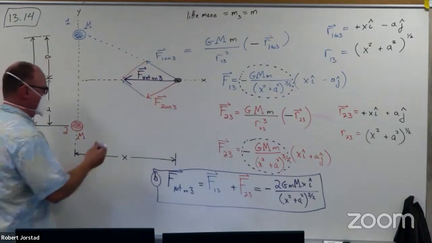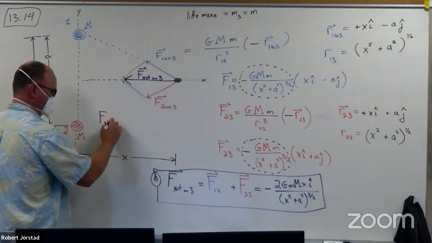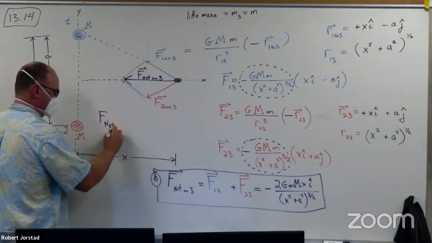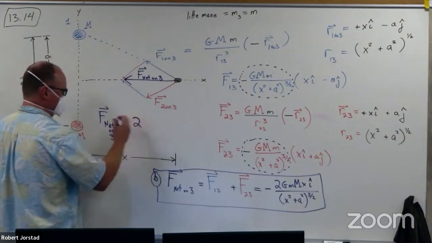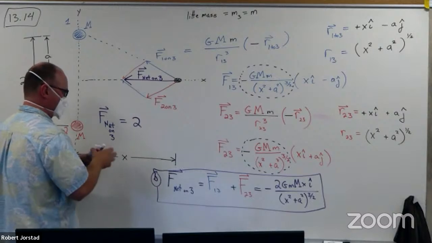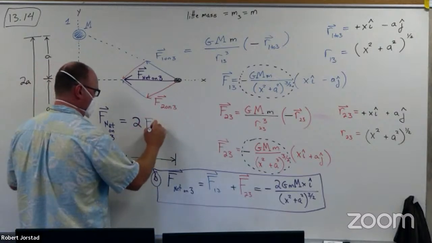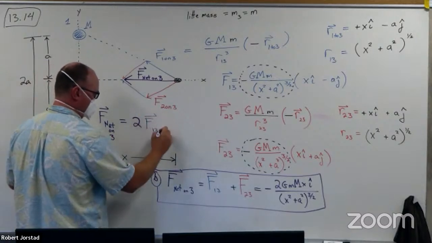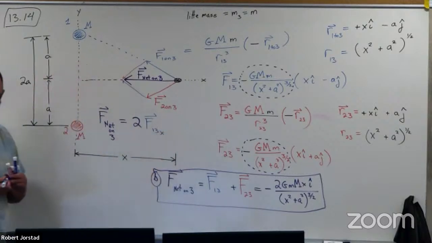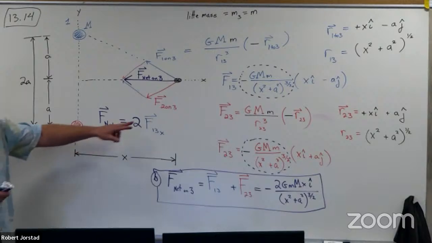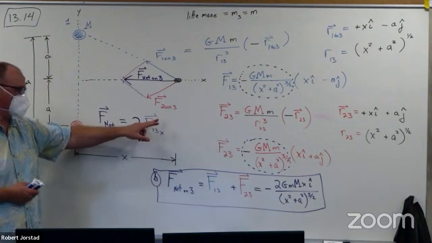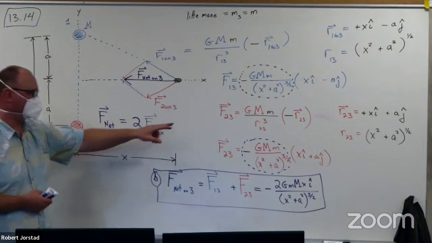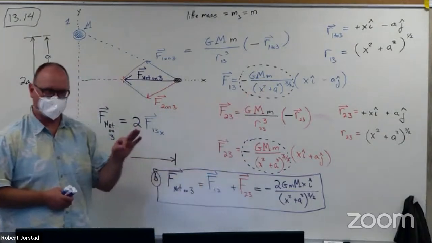Isn't that the same thing as saying F net on 3 is equal to 2 times F13 vector in the x direction only? So if I keep the vector on here that says take the x component with the I hat, that would give me the correct answer. Do you agree with that?